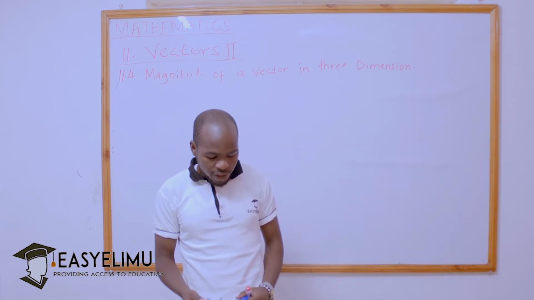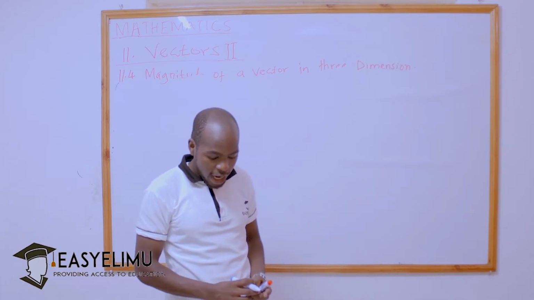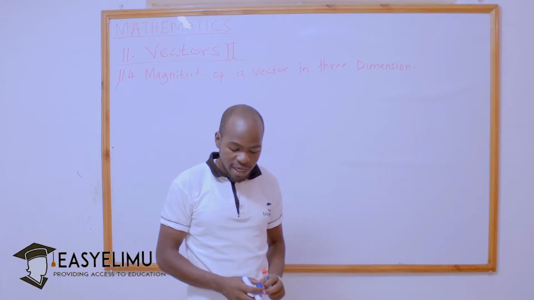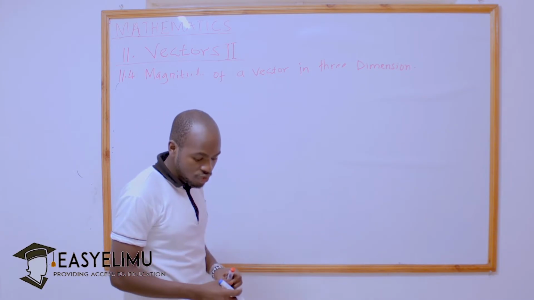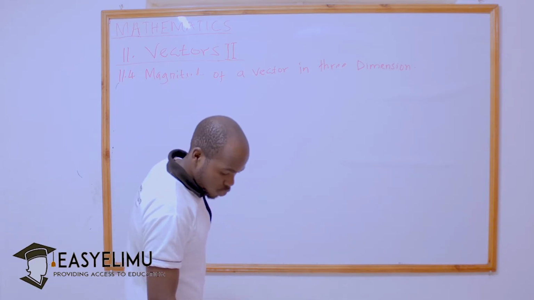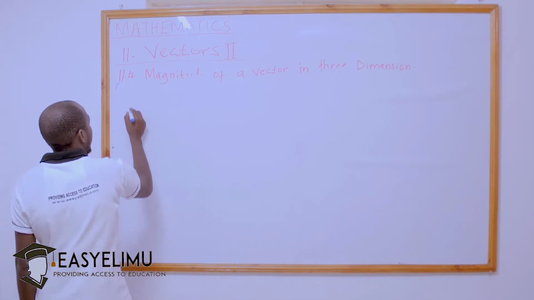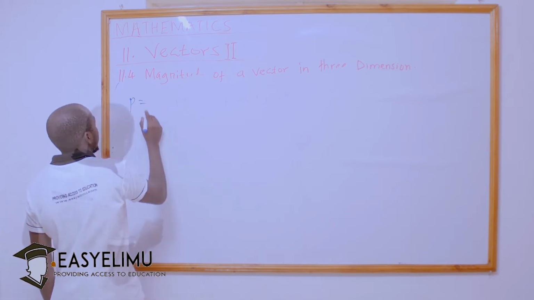Now we have, given that P is 2i minus j plus 2k and Q is i plus j minus 2k, determine the modulus of 2P plus 2Q. So what we shall do, I write down P, that is 2i.